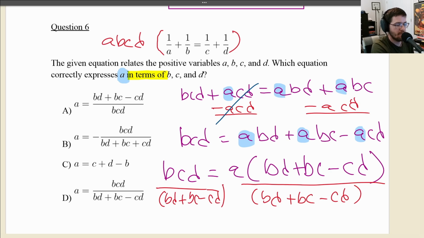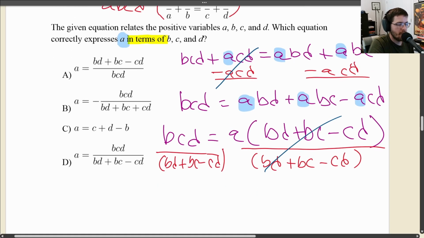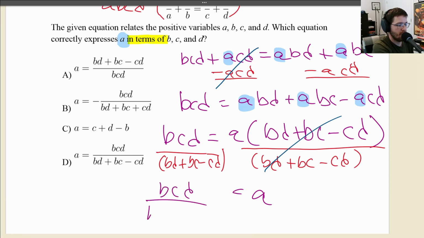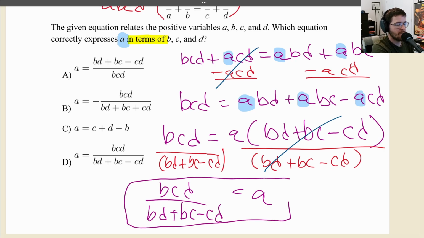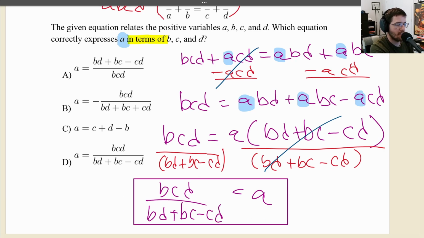And these guys will go away. And we will be left with A is equal to BCD over BD plus BC minus CD. And hopefully there's nothing else we need to do to that. Let's look at the choices. That is looking a lot like answer choice D, which is the answer.